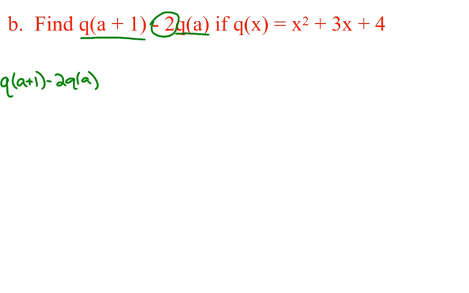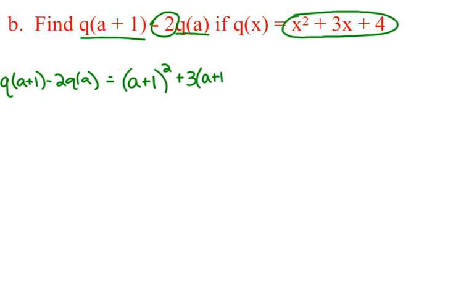First, I'm going to take my equation, and wherever there's an x, I will replace it with a plus 1. So I would have a plus 1 squared plus 3 times a plus 1 plus 4. So that is this first part of the equation.